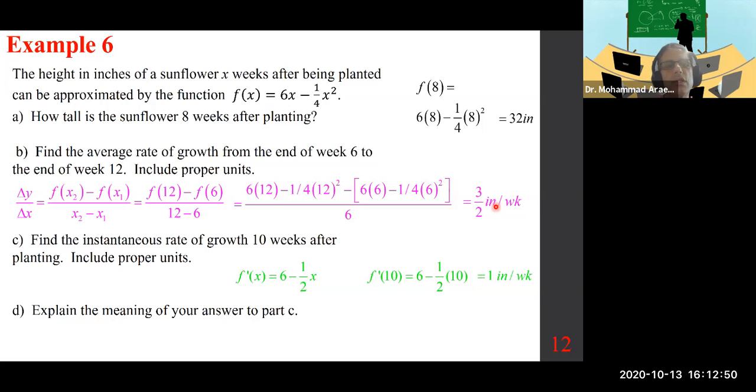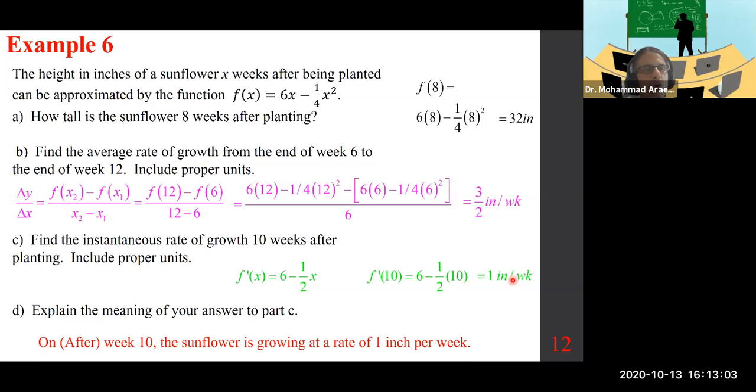The units for the average growth and the instantaneous growth are the same. So what does it mean? That's important to do and understand, the interpretation. On or after week 10, the sunflower is growing at a rate of 1 inch per week.